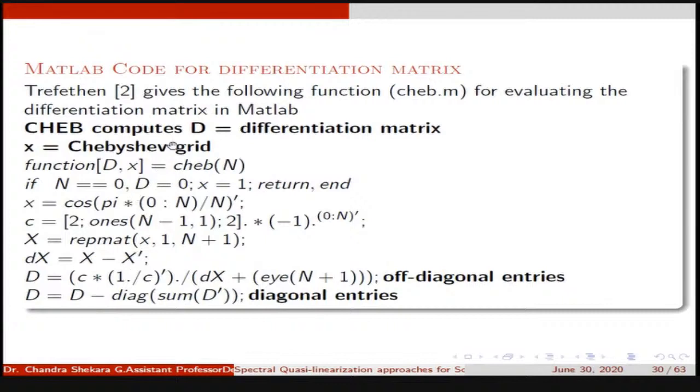So you can generate this differentiation matrix by using this MATLAB code. Once you generate the Chebyshev differentiation matrix, wherever you have derivatives, you can just replace them by this matrix. Then it becomes a complete matrix system. If you solve that matrix system, you will get the required solution.